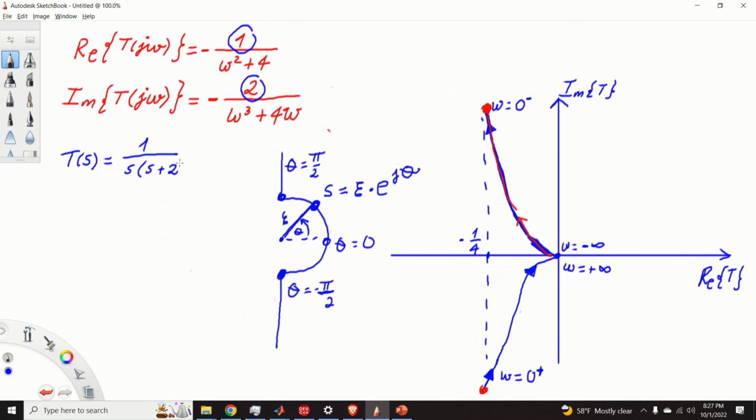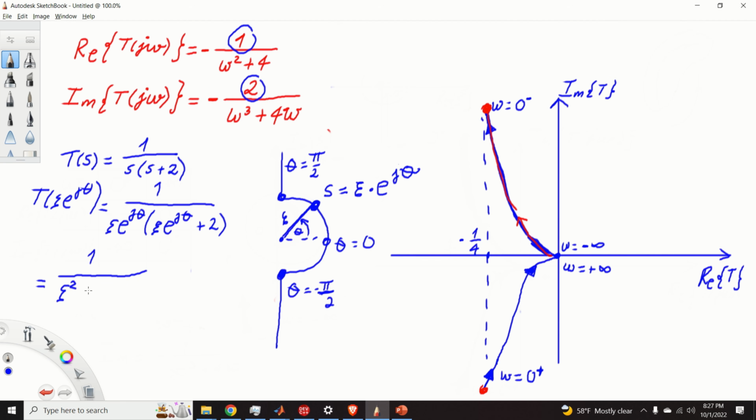Now, T of epsilon e to j theta is nothing less than 1 over epsilon e to j theta multiplying epsilon e to j theta plus 2. So what happens over here is that we have 1 over epsilon squared e to 2 j theta plus 2 times epsilon e to the power of j theta.